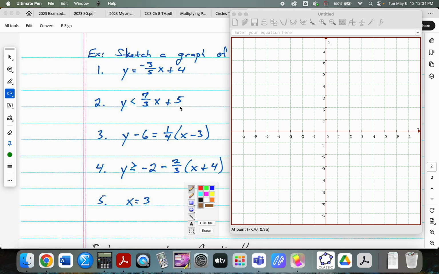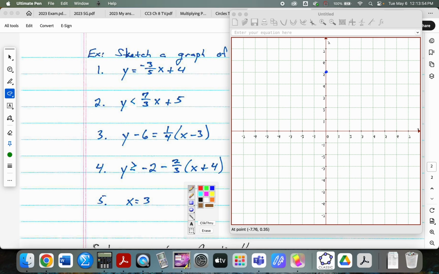So we start off drawing this just like we normally would. The y-intercept is at +5. The slope is 7/3. Well, here, obviously, I'm not going to go up 7 and to the right 3. That's going to be way up here. I'm going to go down 7 and to the left 3, because a negative over a negative is equal to a positive.